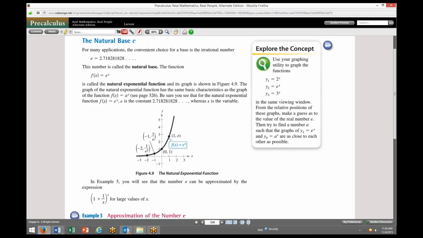One of the simplest ways to arrive at E is this way right here, down at the bottom of the screen, where it says the expression 1 plus 1 over x, all to the x power. If you will enter that in your calculator and graph y equals 1 plus 1 over x, put the parentheses, and then raise it to the x power, you'll notice something. It doesn't just keep getting bigger and bigger and bigger without limit. Very quickly, it approaches about 2.7 and then starts leveling off.